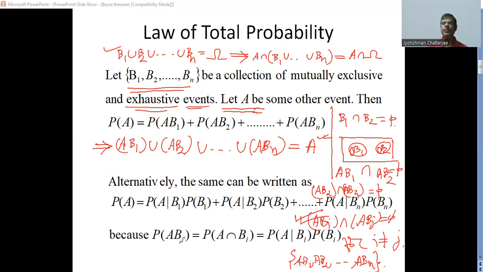And what happens for a mutually exclusive collection? Because they are all disjoint, by the inclusion-exclusion principle, the probability of the union should be the summation of the individual probabilities.